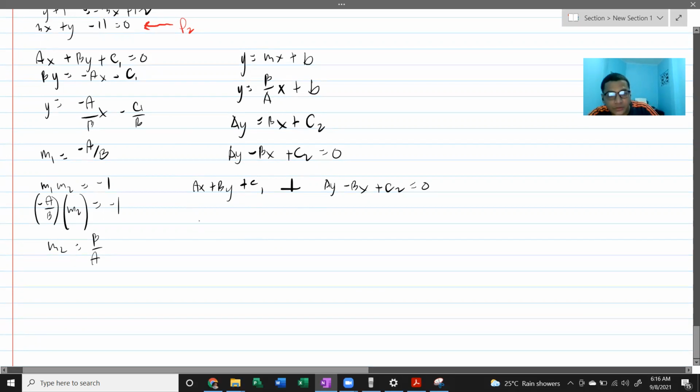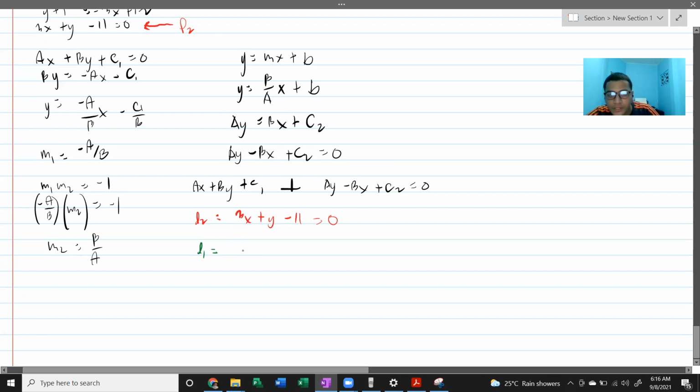If our line 2 is 3x plus y minus 11 equals 0, then our line 1 must be, from this relation, the coefficients of a and b are interchanged, and the sign of b is changed also, from positive to negative.